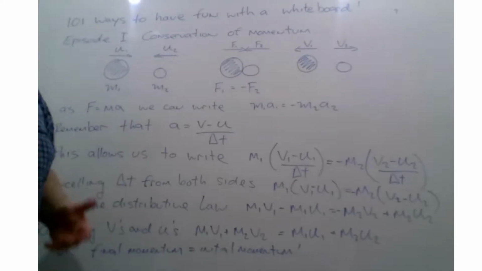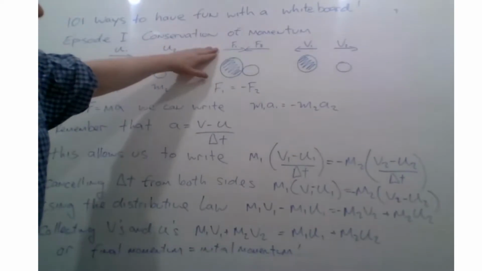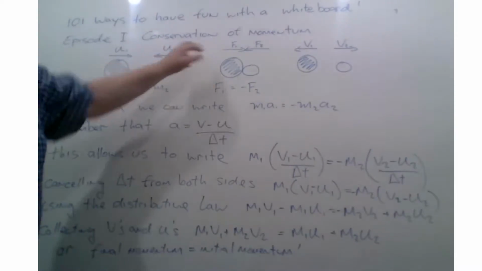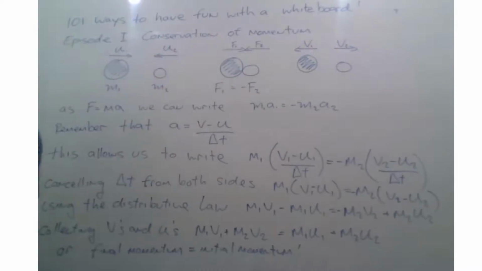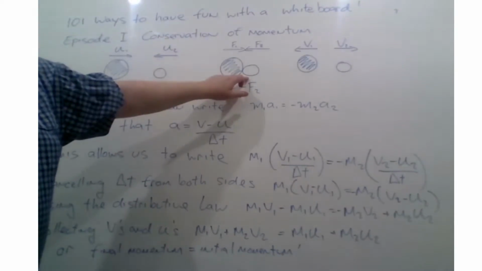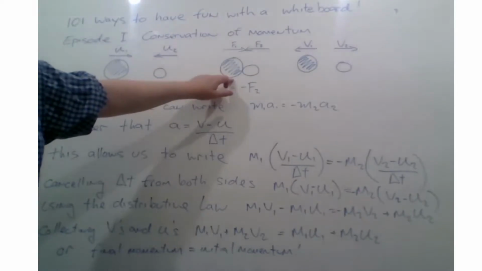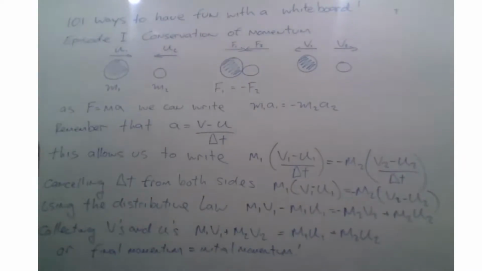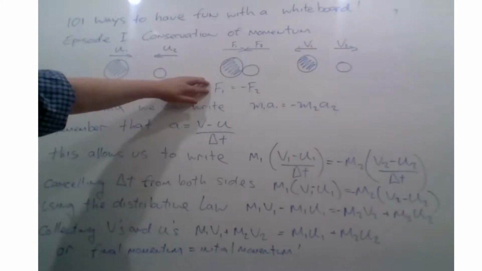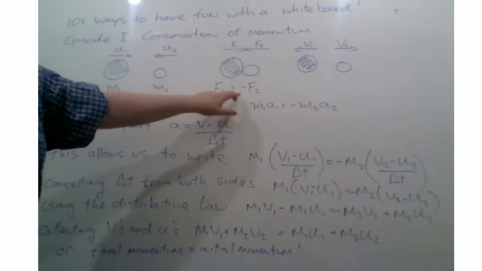But Newton's third law says that if ball number 1 puts a force of magnitude F1 onto ball 2, then there has to be an equal and opposite reaction. The force that ball number 2 places back onto ball number 1 is of equal magnitude but opposite direction. So in this case, F1 is going to equal minus F2.